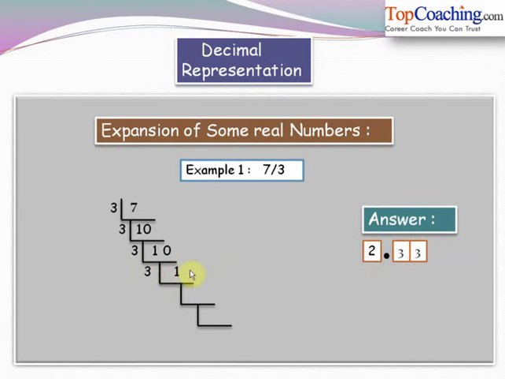Again we divide this 1 by 3, and following the same steps we get the answer 2.333333 and so on. So 7 by 3 equals 2.333333 and so on. This is a non-terminating number because there is no end to the digits after the decimal. Also, 3 is repeating, so this is a recurring decimal.